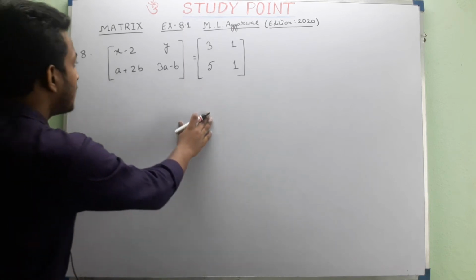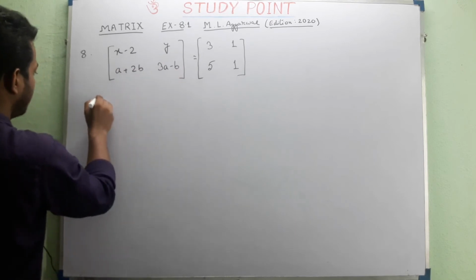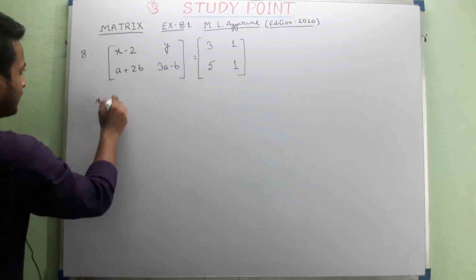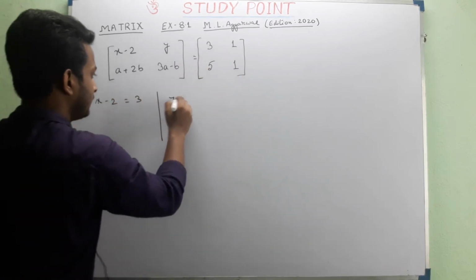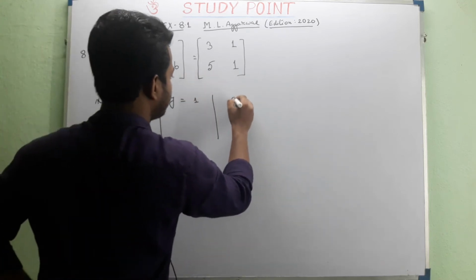Here it is given. So from here you can say that x minus 2 is equals to 3. Let us write first: x minus 2 is equals to 3. Here y is equals to 1. From here a plus 2b, that is 5.